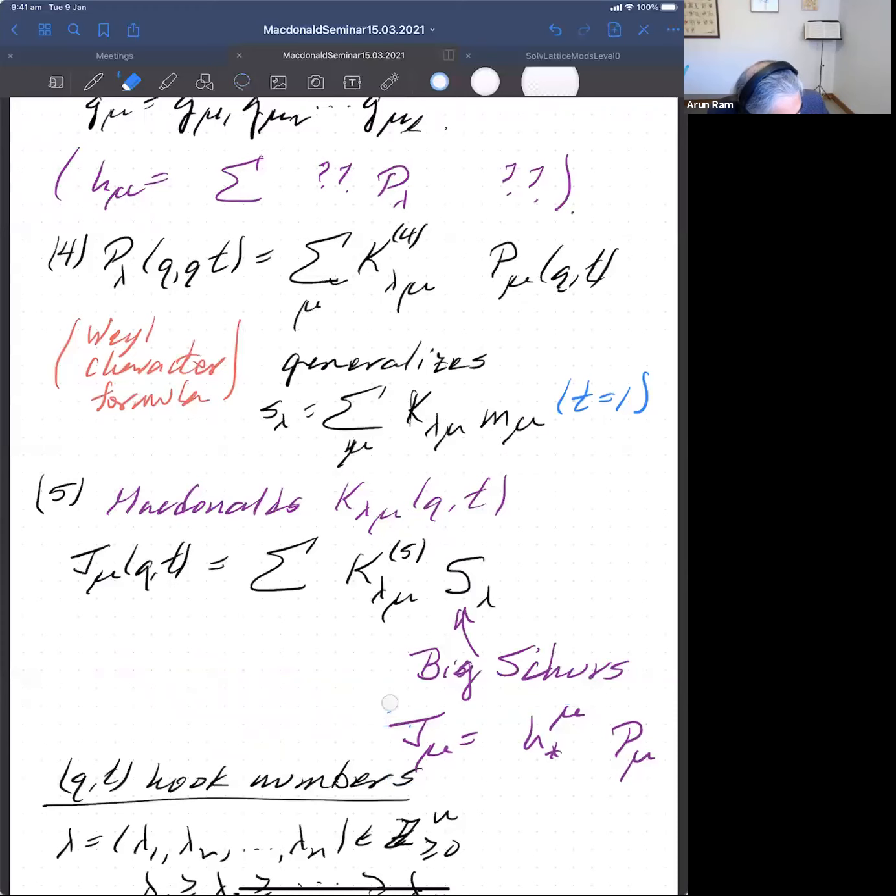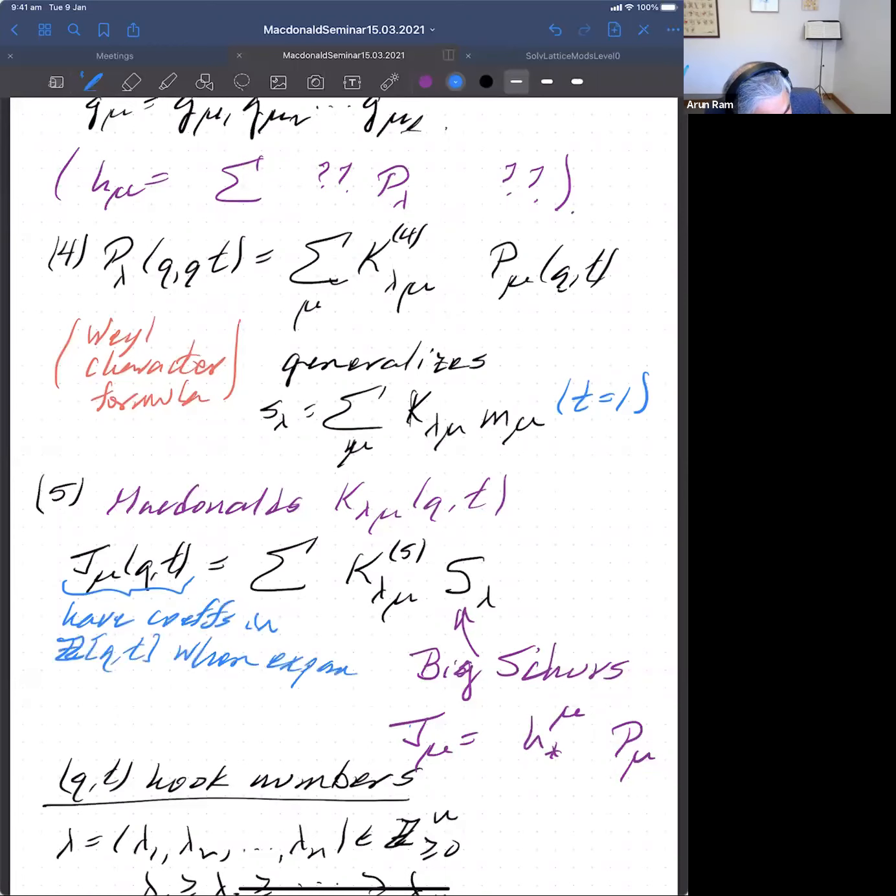And once you make that transformation, then the J's have a monomial expansion with coefficients in just polynomials when expanded in terms of ordinary monomials, x1 to the mu1, xn to the mu n. So normally when we looked at Macdonald polynomials, they always have these horrible rational functions in the numerator and the denominator. And somehow this small factor, which we are seeing here, corrects for all of that.